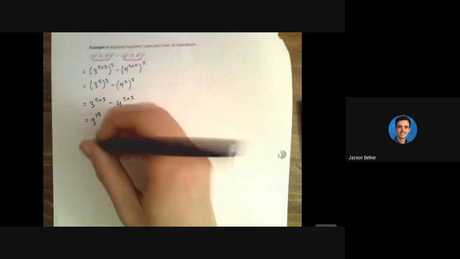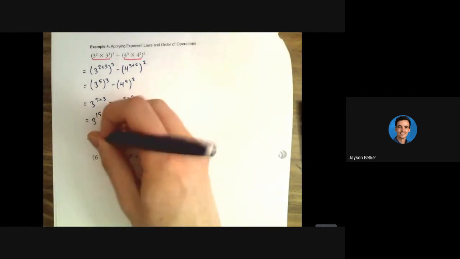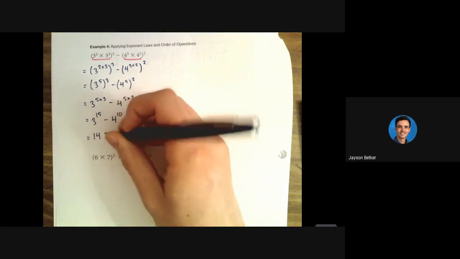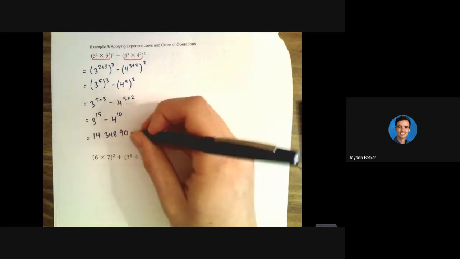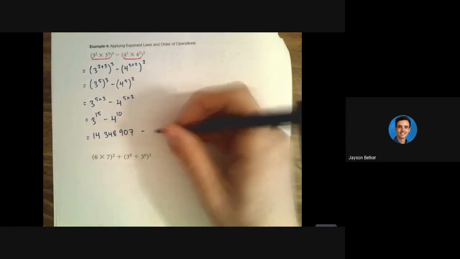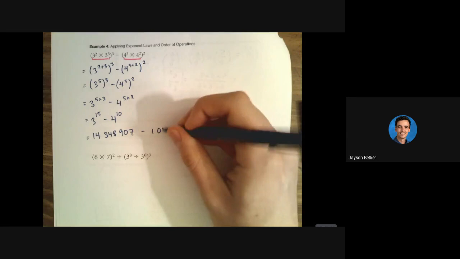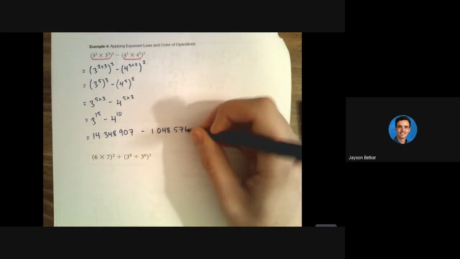And now we're going to get some real big numbers here. 3 to the 15, I believe, is 14,348,907. And we're going to subtract 4 to the 10, which is 1,048,576.